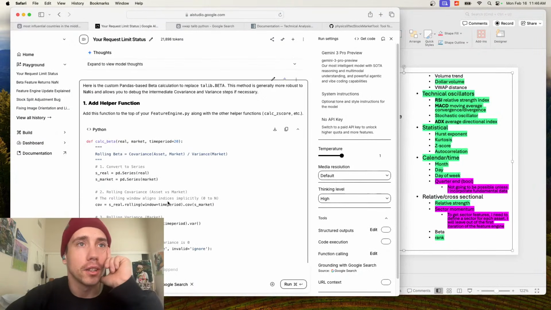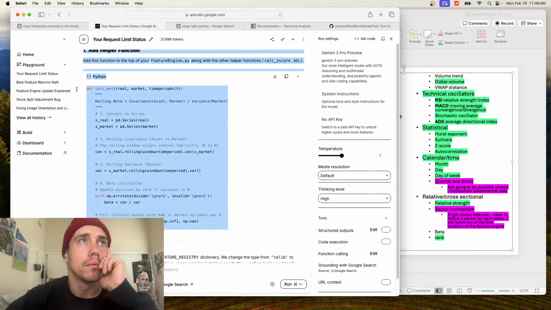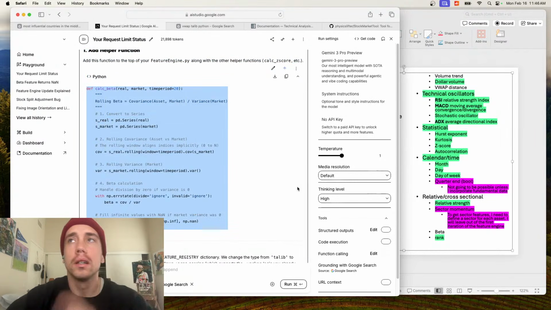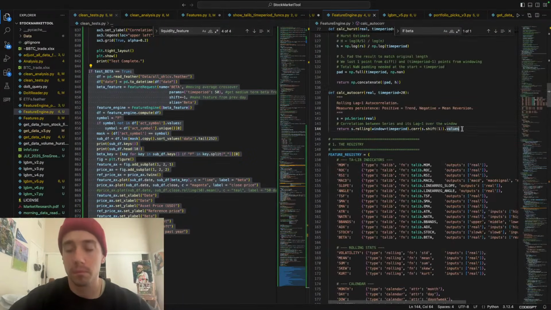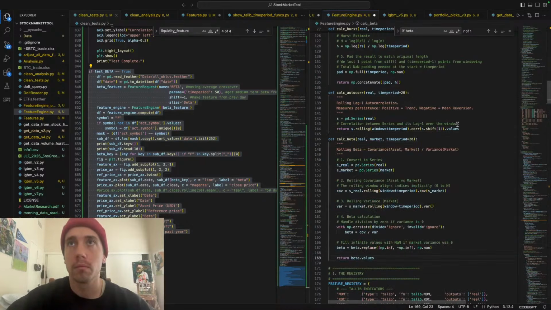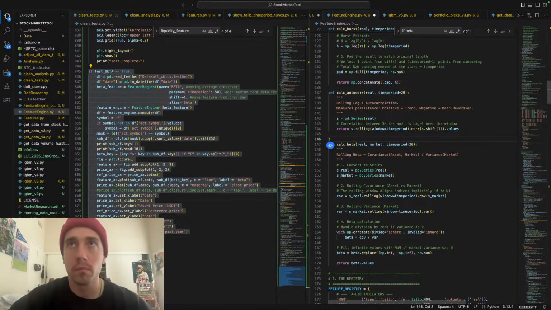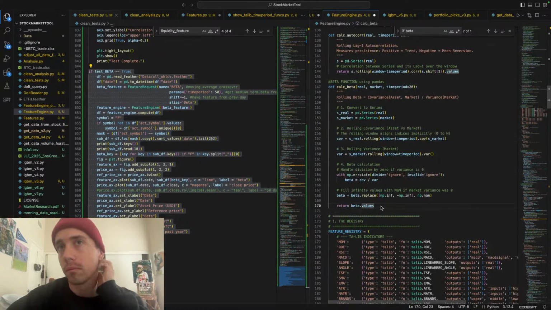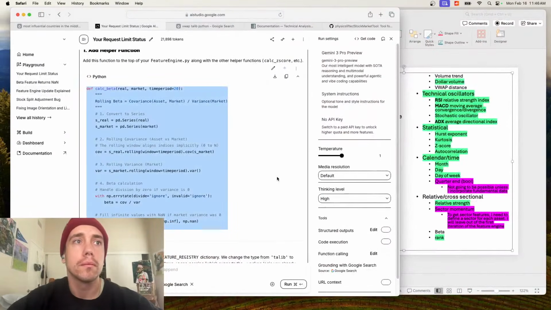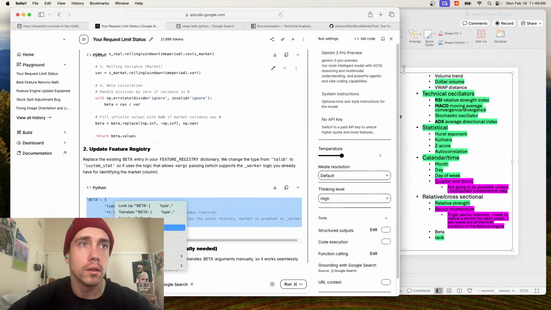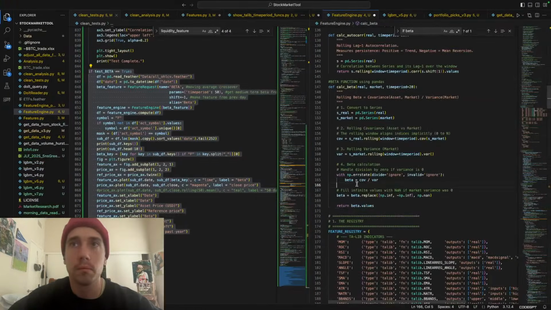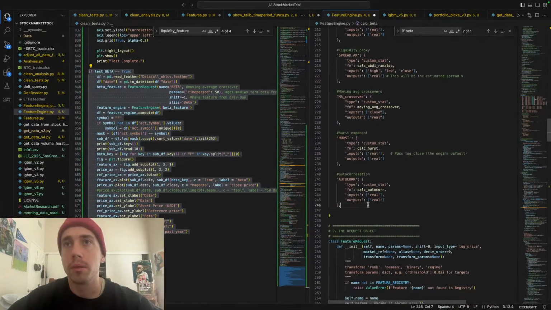Alright, so let's see if this makes sense. We have calc beta. It says to put that as beta, but I'm not going to.